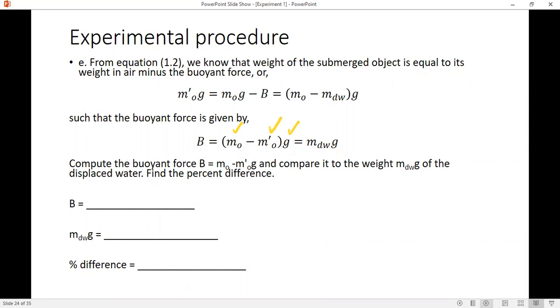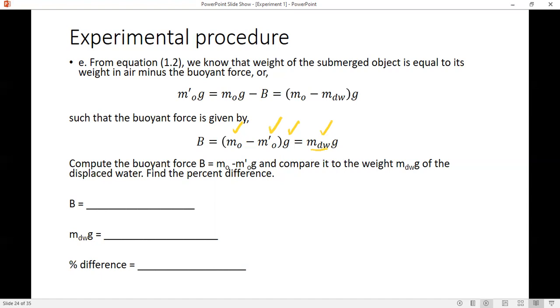What also gives me the buoyant force is the difference between the graduated cylinder when it's filled to 50 milliliters and the graduated cylinder filled to 50 milliliters plus the displaced water. And that gives me this term right here.